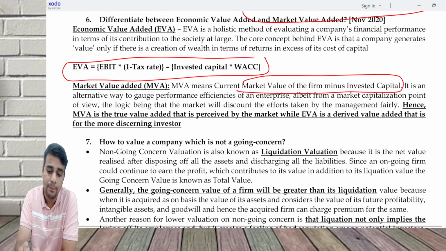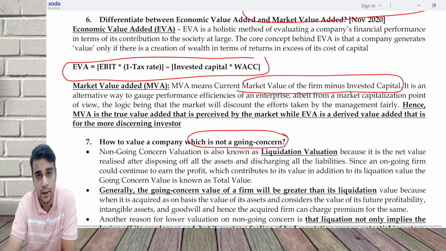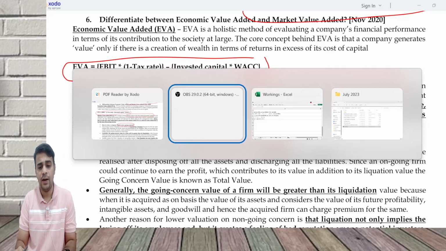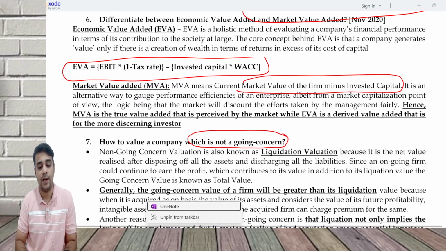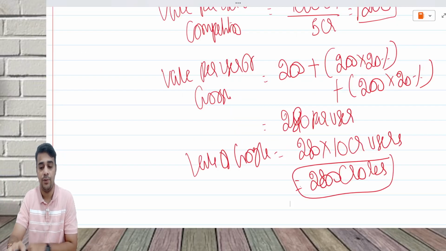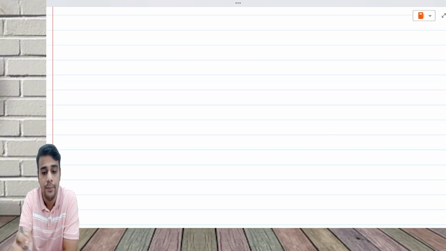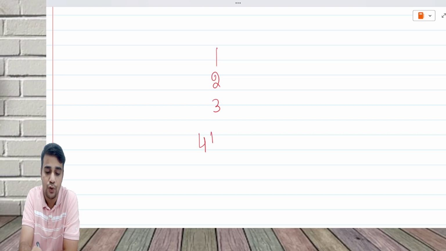How to value a company which is not a going concern? Very important thing. Whatever companies we do valuation for, we normally do a perpetuity valuation, because we assume that there is unlimited life. You will value an entity for years 1, 2, 3 and then say 4 to infinity. This is valued as perpetuity.